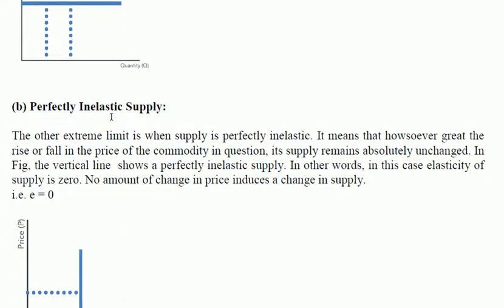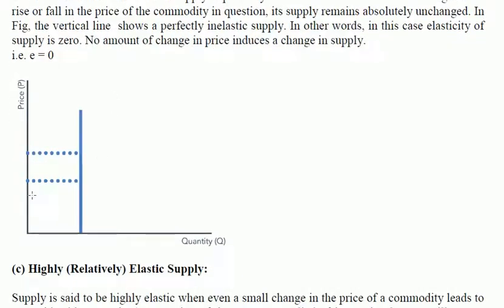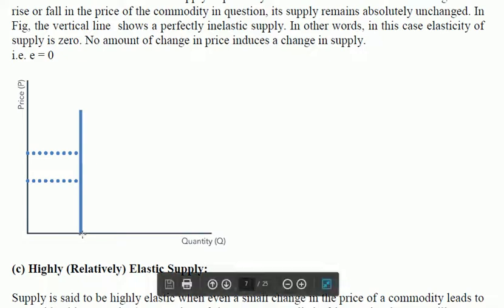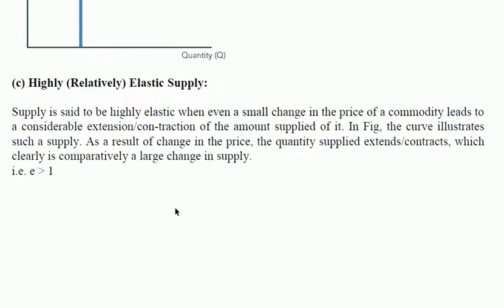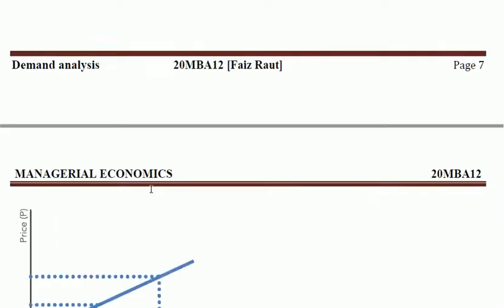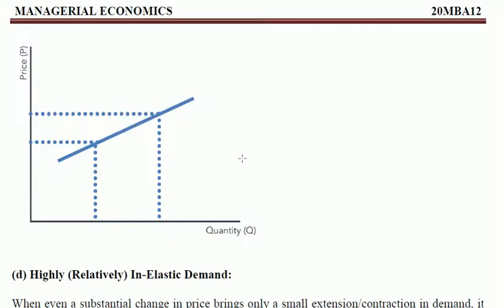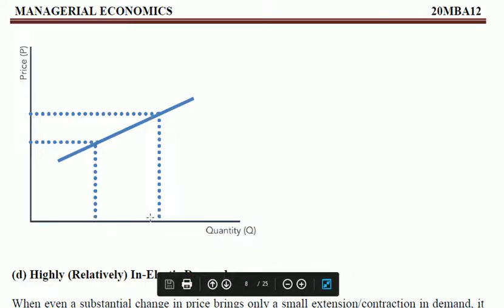Okay, and perfectly inelastic supply, even if the price is changing, there will be almost no change in the quantity which has been supplied. And then highly elastic supply, again similar to the first one, a small change in the price will cause a huge change in the quantity which has been supplied.